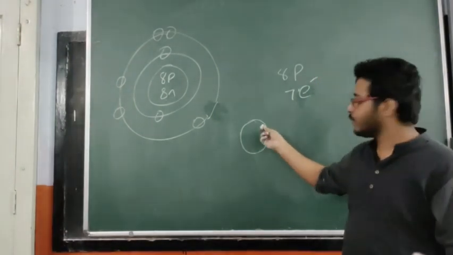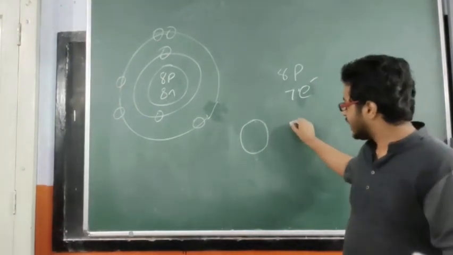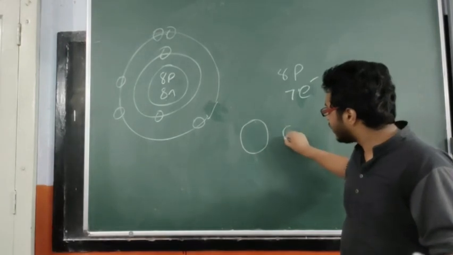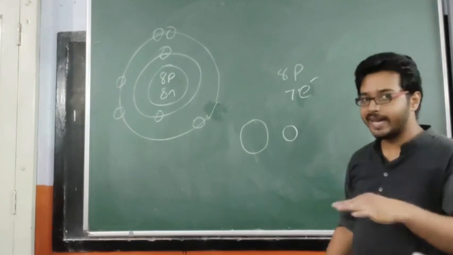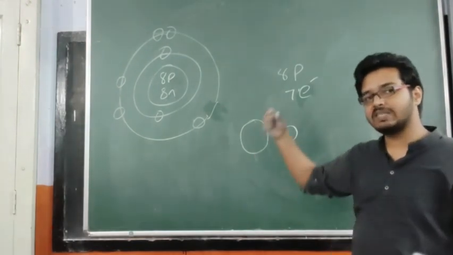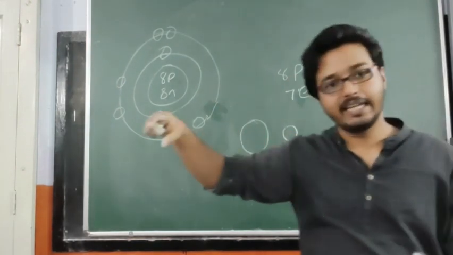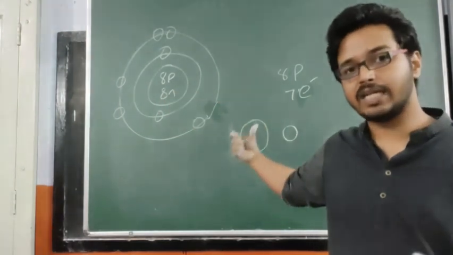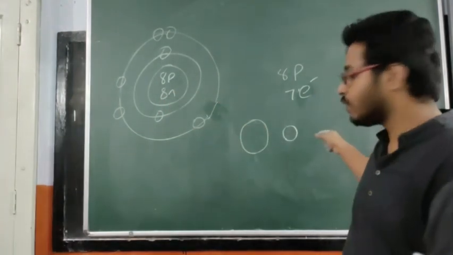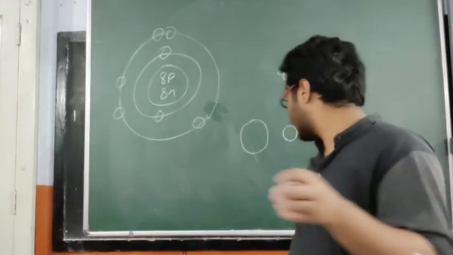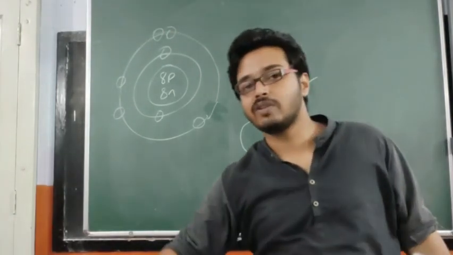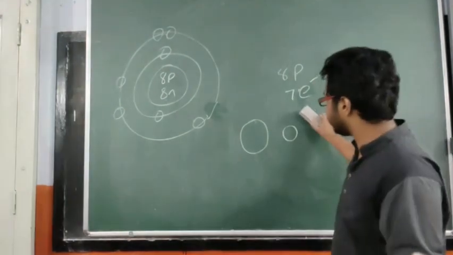After removing the electron, the size of the oxygen atom decreases. The reason is, after removing one negative charge, the net positive charge in the cation is increased. Because of that, the outermost shell electrons are more attracted towards the nucleus. So the size of the atom decreases.